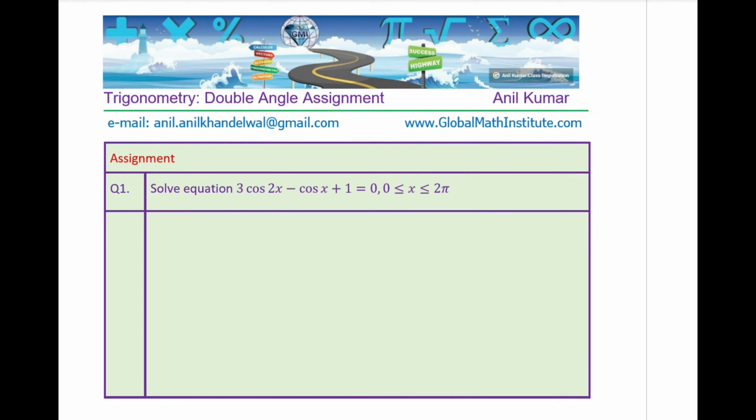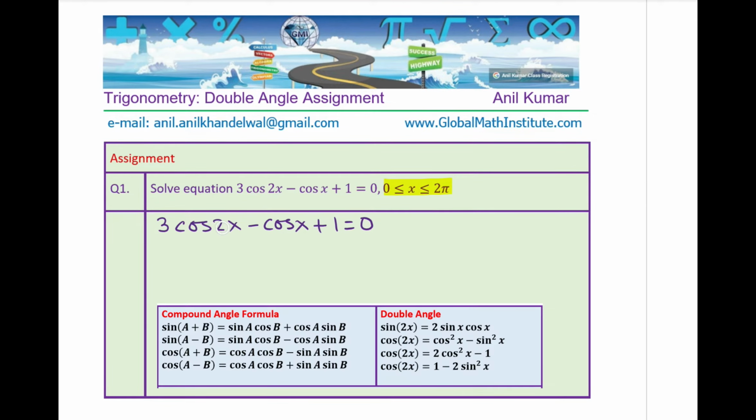Question number 1 here is solve the equation 3 cos 2x minus cos x plus 1 equals to 0. And remember, the domain given to us is from 0 to 2 pi, so one full cycle. Now what we could do is we could write cos 2x using the formula as 2 cos square x minus 1, correct?